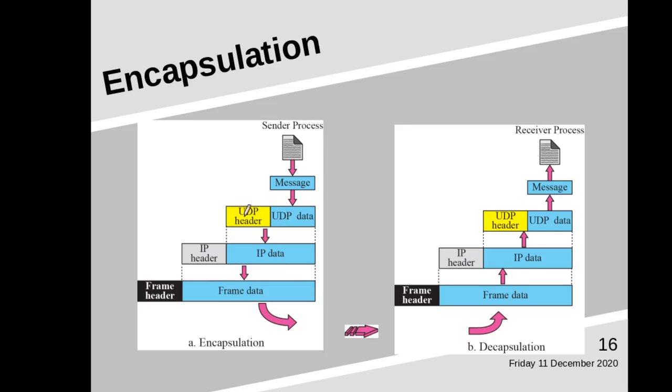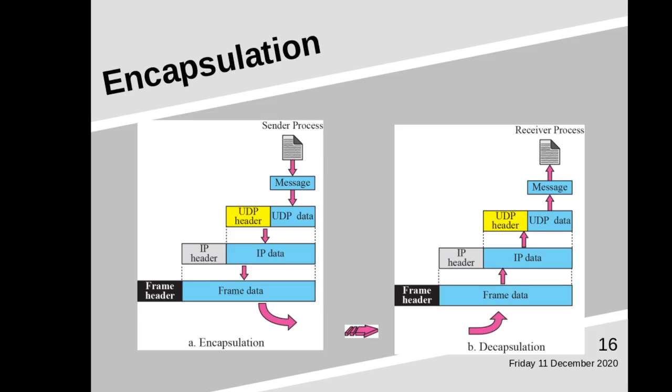The message is there, you get the IP header, then after that the data link layer, and after that physically it goes from here, and one by one the headers are removed, and finally the message is transferred to the receiving process. So this is how TCP and UDP work.